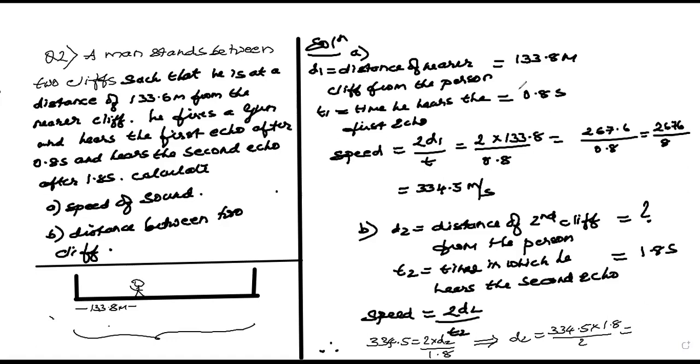So when I multiply, how much answer do I get, children? Yes, 301.05 meters we get. Okay, this is the distance of the second cliff.